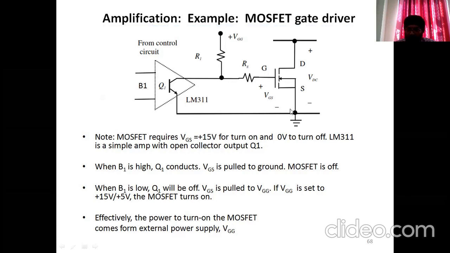When there is 15 volts across VGS, the switch is turned on. So just by switching this transistor on and off, we switch this switch on and off. Very simple. So no complicated gate control circuit is required in MOSFET firing or MOSFET switching on and off.